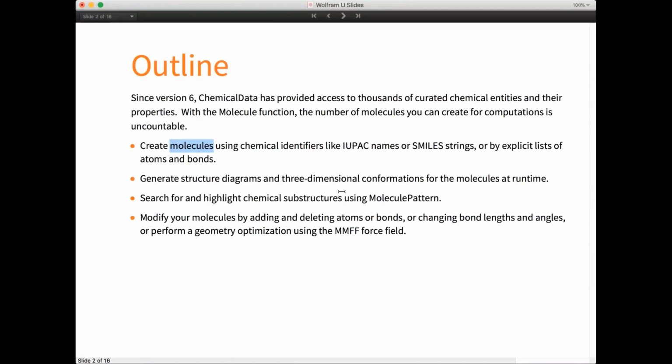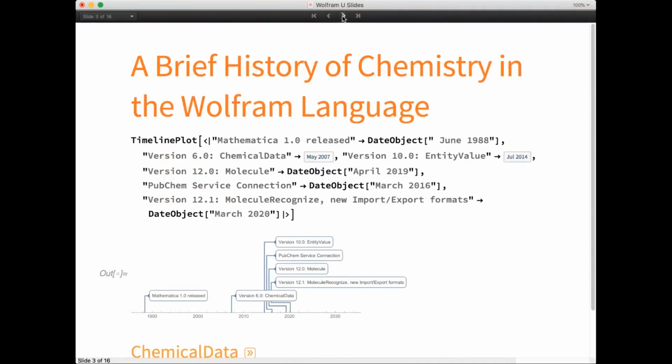Then you can modify those molecules by adding and deleting bonds or doing a force field geometry optimization. You can also import data from other sources and export data to be read in by other programs. I think those are very important points also, so the next time I give this talk, they should be their own bullet there.